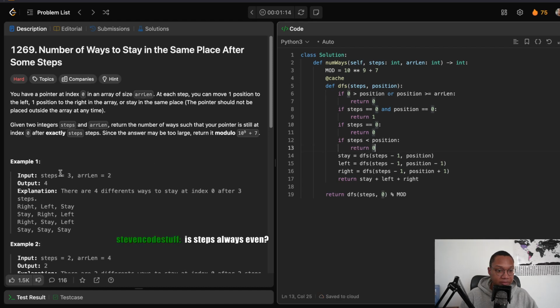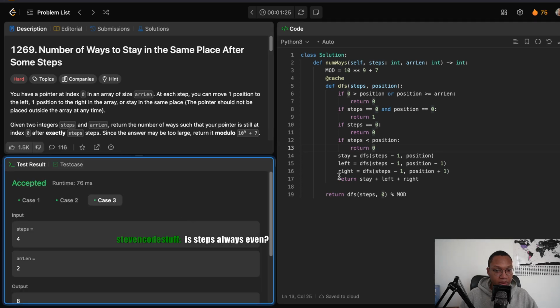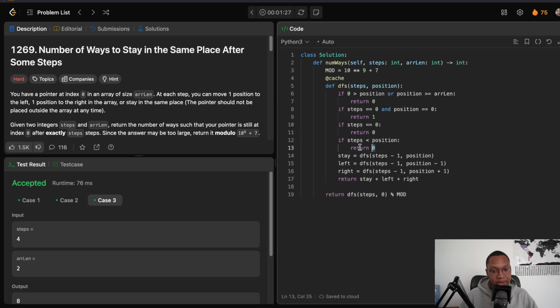Is steps always even? No. Okay, cool. So I think this case is probably good too to speed it up, right? If the steps are less than the position, we just exit. We don't even care, because the position is way too far out.